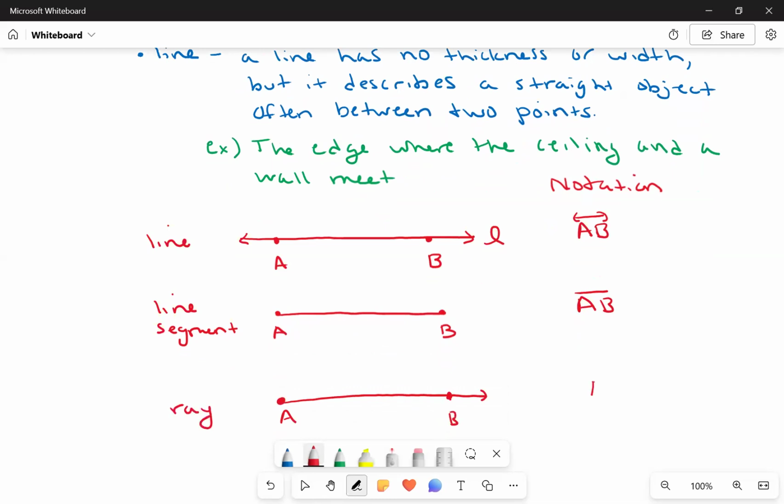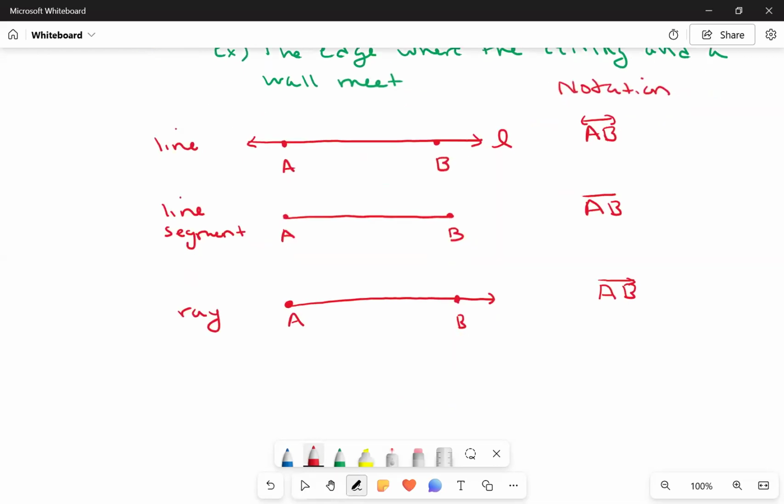When you draw the notation, it's important that the starting point is the one that is the quote unquote end point. And we put the arrow over the B because it goes through B, so it keeps going on. So if I had a ray going the other way, like here's A and B, same order, but it's going like this, when I write that notation, I want to write it where the B starts and then A. That's how you'd want to write that.